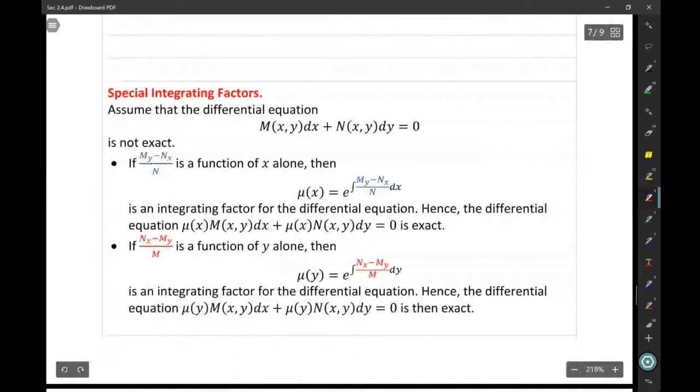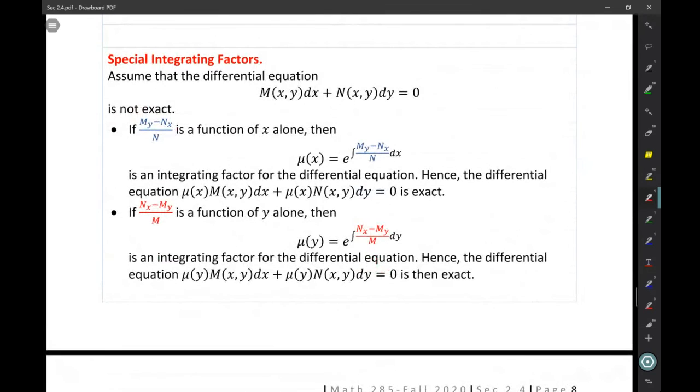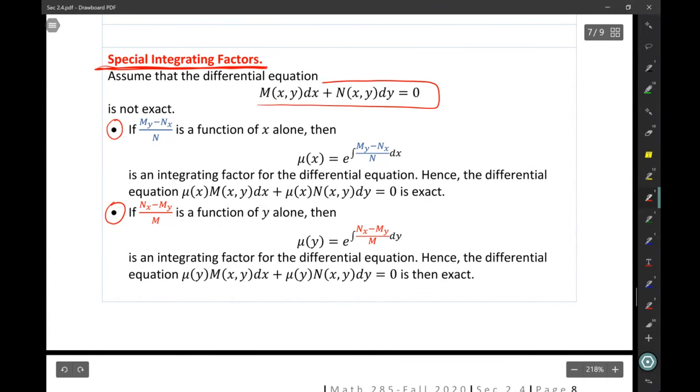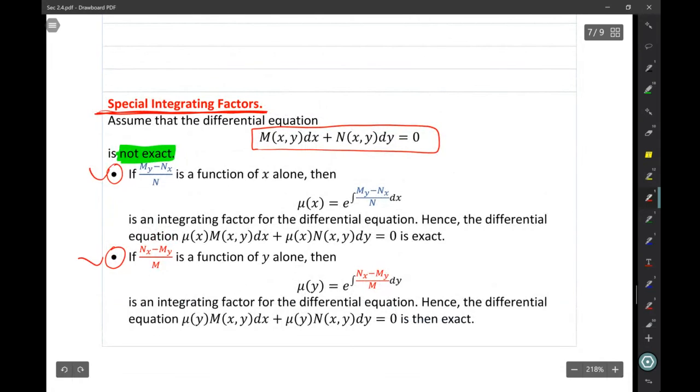Now the big question here: how can we find the integrating factor? To find the integrating factor, I can use either one of those two methods. It should work with me 100%. I mean, if I have this differential equation that is not exact, to find the integrating factor you have to try either one of those two integrating factors.